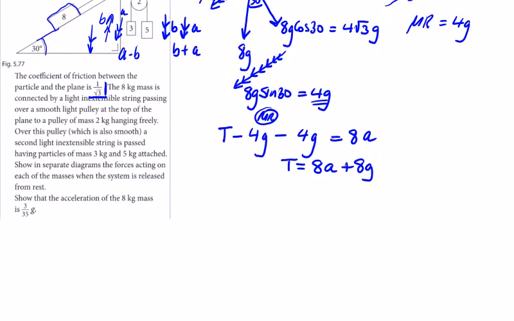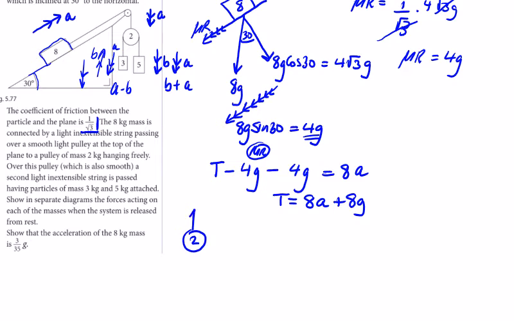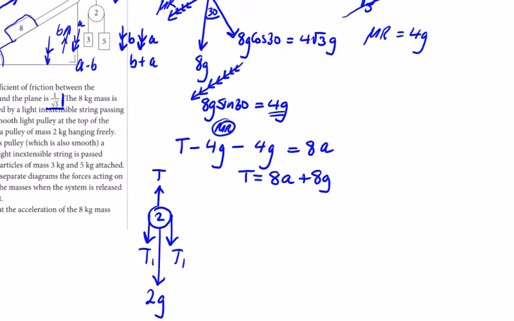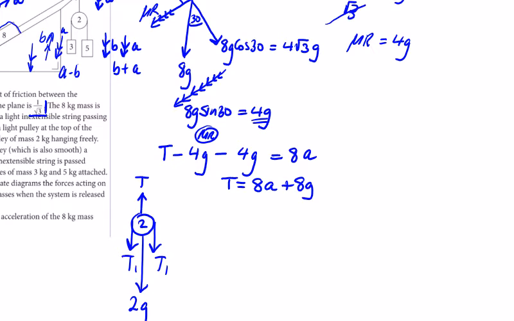If we look at our 2, we've got T going back, T1 going down. We have it going down in this direction, 2G. And we know it's moving down with an acceleration of A. So we have 2G plus T1 minus T is equal to MA.